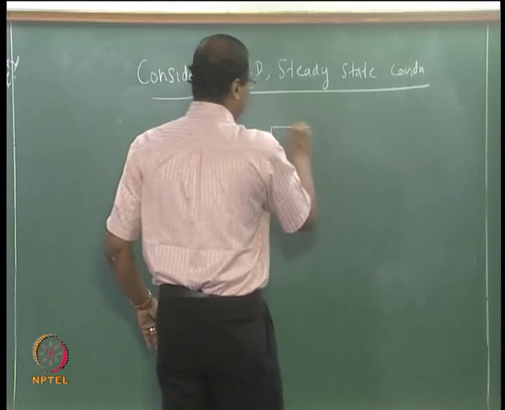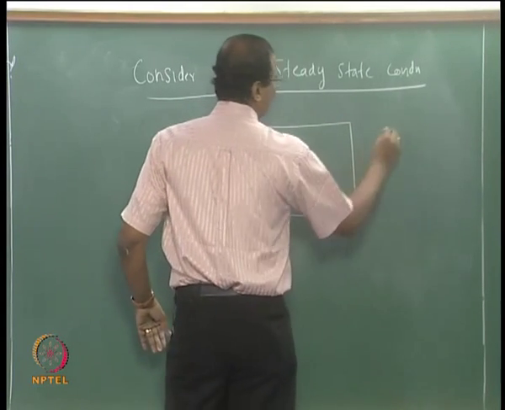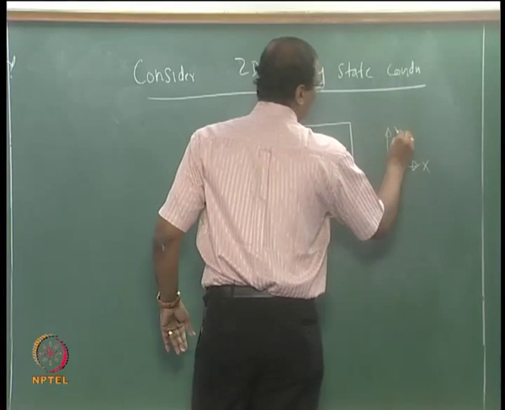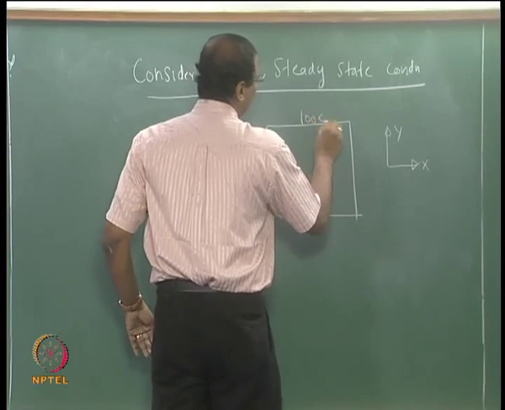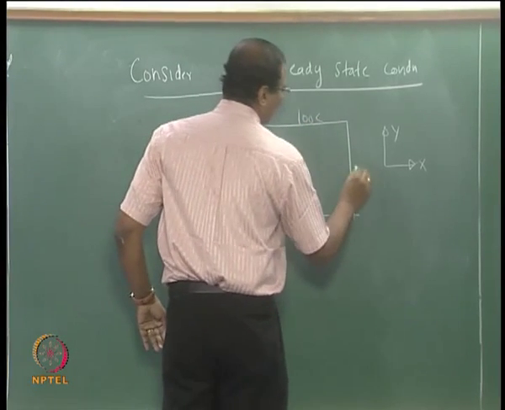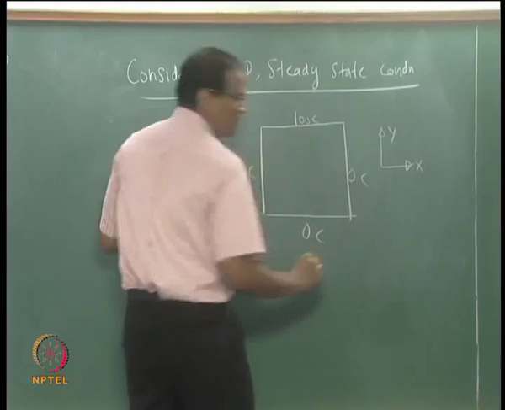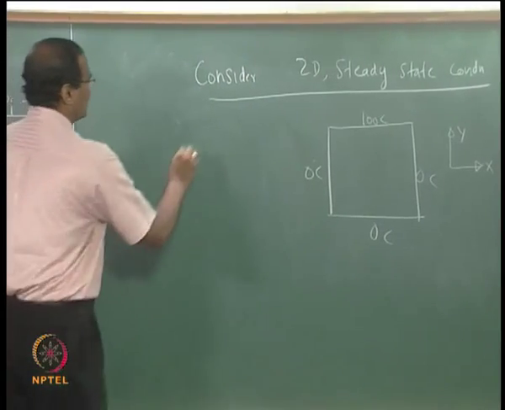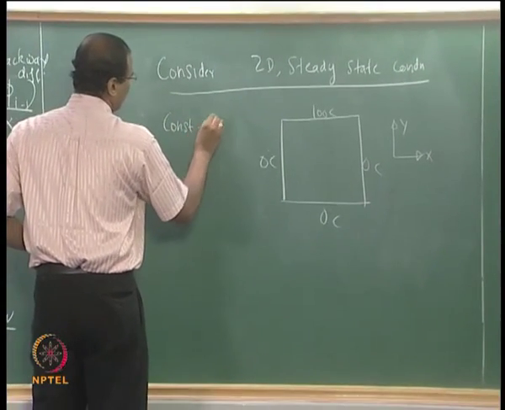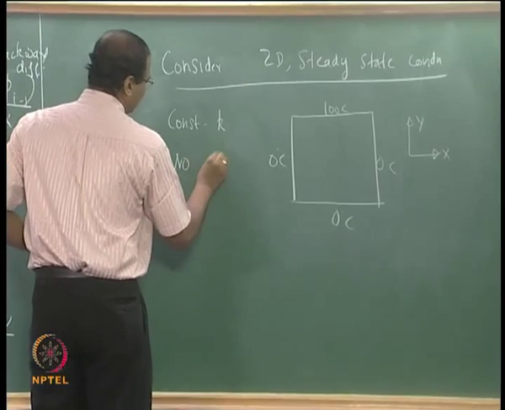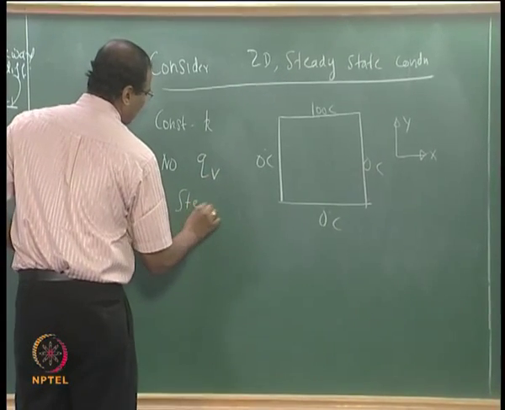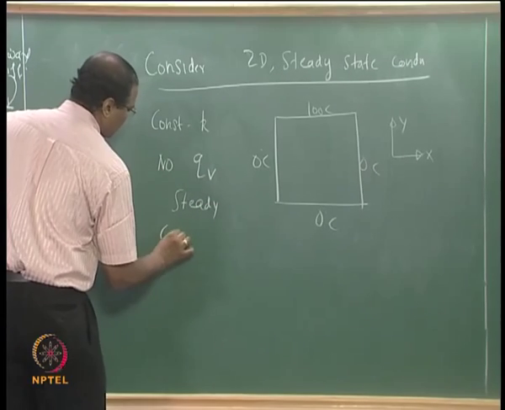For example, let us take a slab like this. So this is x, this is y. Let us say it is maintained at 100 degrees centigrade. Let us say constant k, no heat generation, steady and constant properties.